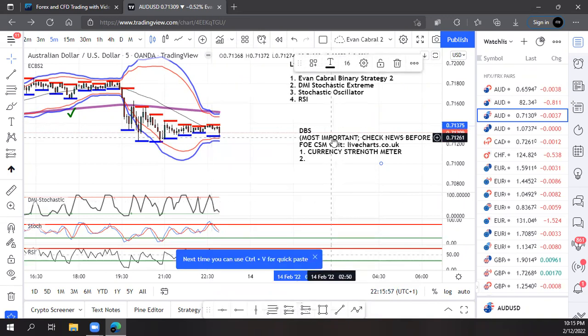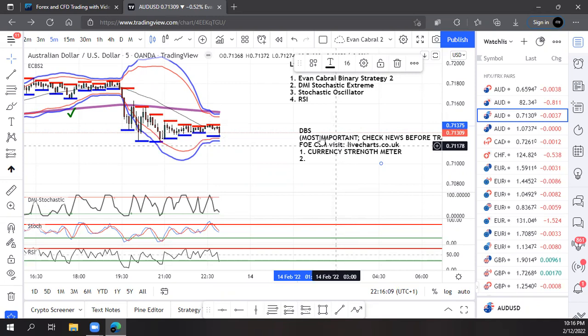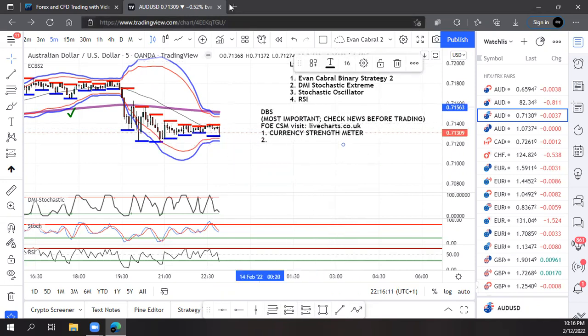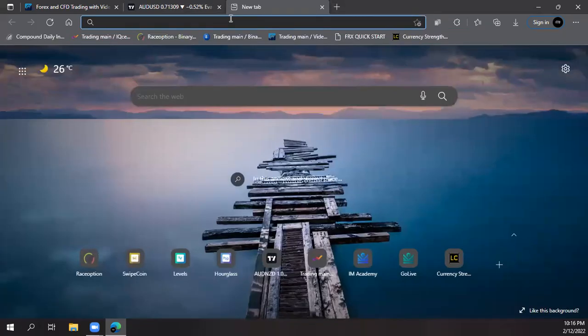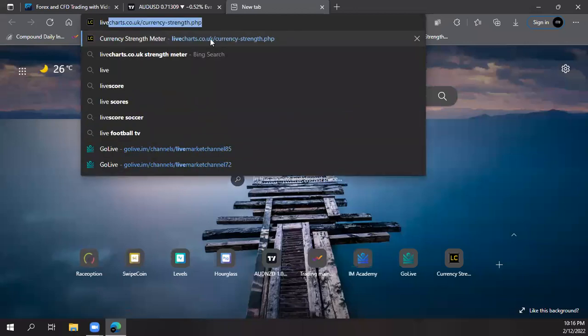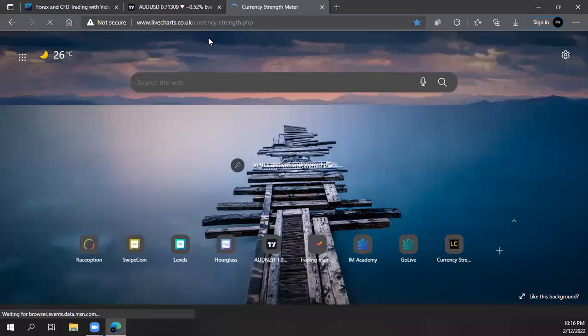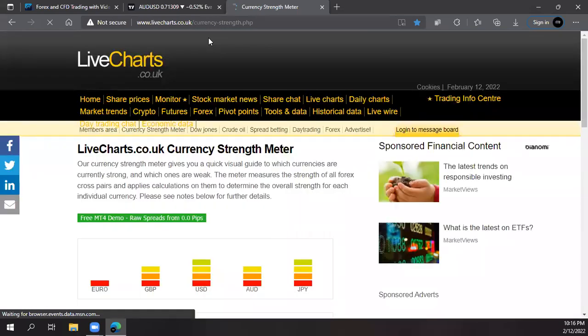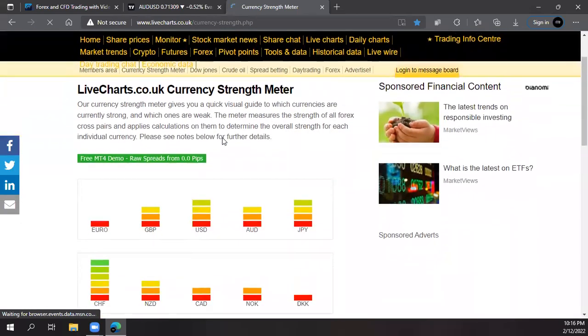Before we proceed, let me go to Live Charts ASAP and show the people that don't know how to use it. Let me try and explain this real quick. All right, so this is it.